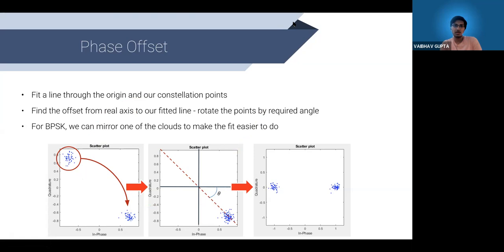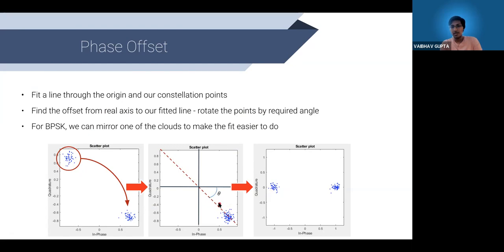The way you rotate a complex term by negative theta is to multiply it by e to the negative j theta. And so that's exactly what we do. We find this line of best fit, rotate back by theta, and now we have these clean clusters of plots that line up well with our known formulation for BPSK.